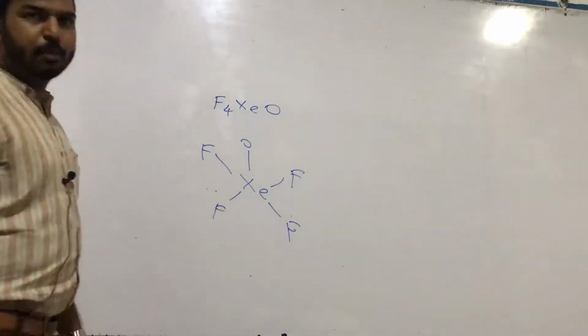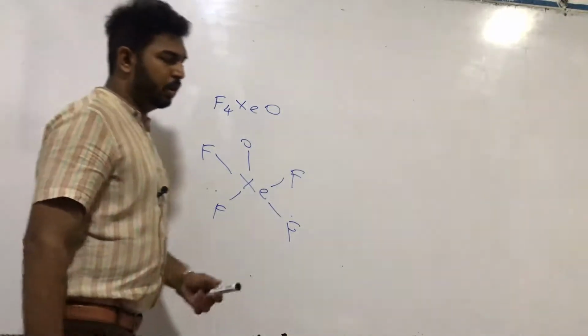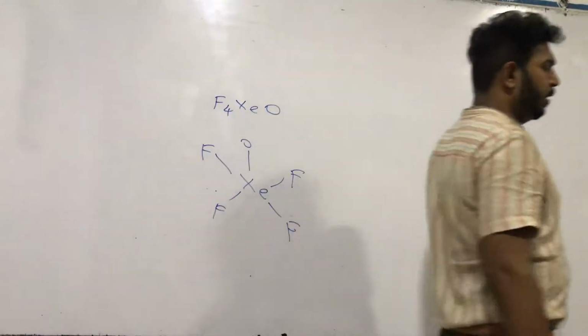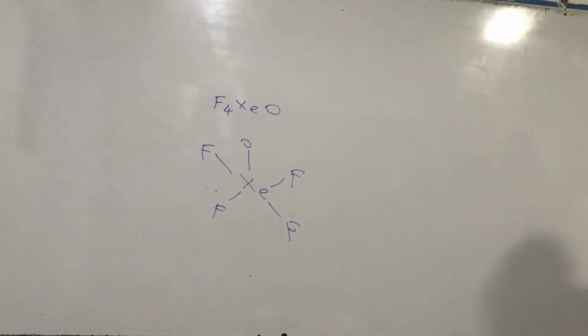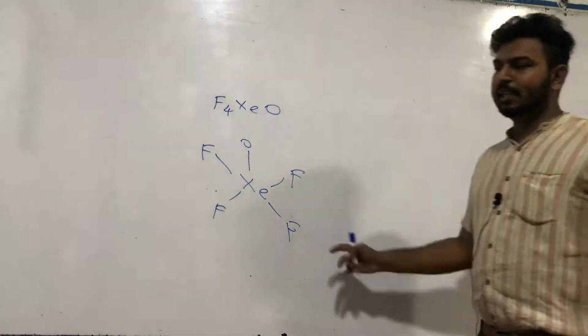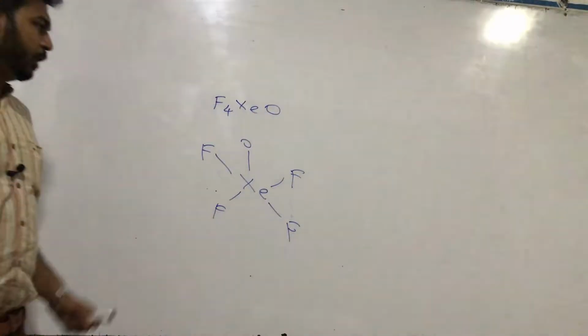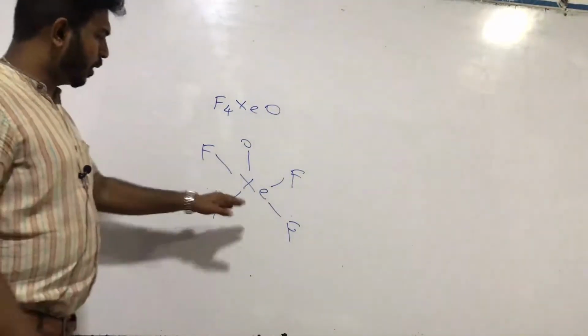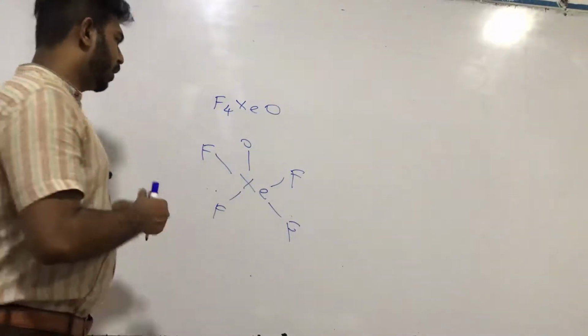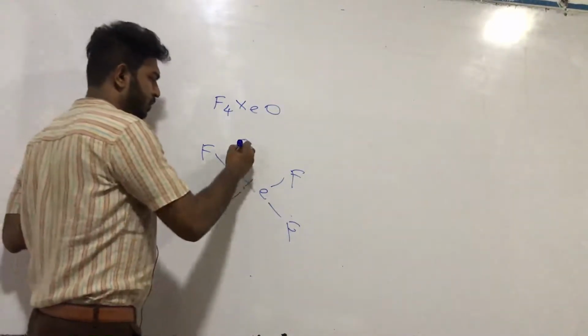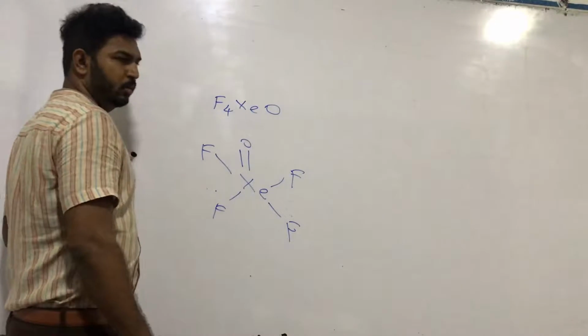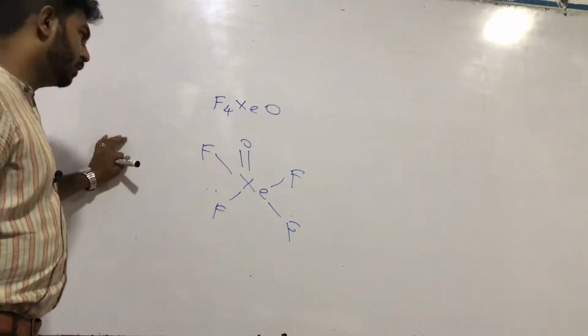Don't worry about the shape today. You can draw it any way which you like. Okay, so this is the skeleton. Now we have to complete the number of bonds. We know that fluorine has only one bond, so it's correct. But oxygen should have a double bond, so we make a double bond.